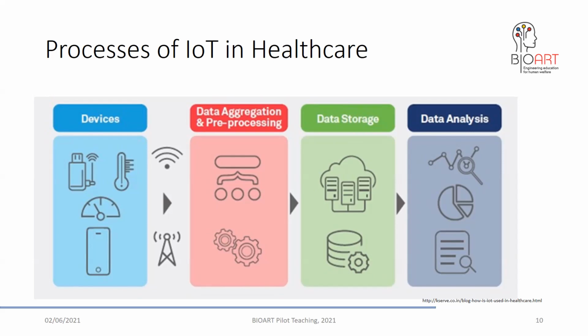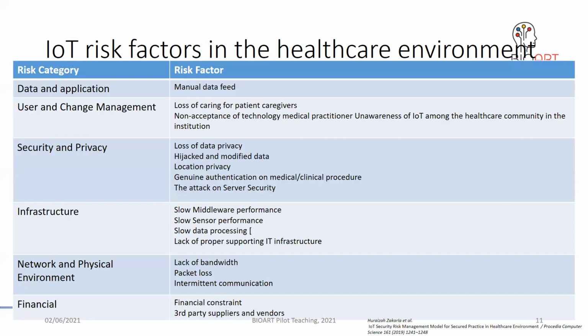You can see a four-level architecture, where information from the devices moves to the data aggregation and preprocessing, and further goes to the data storage level, and the fourth level, the application level, yes, which is used for data analysis and different other applications.